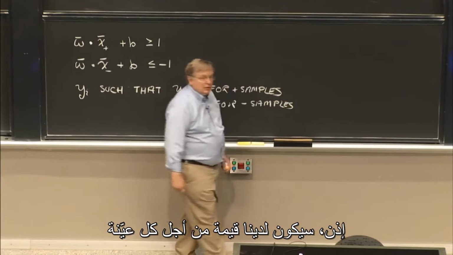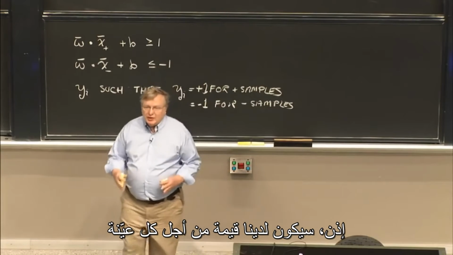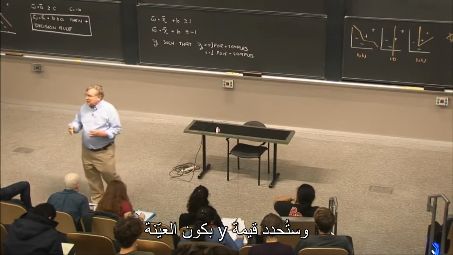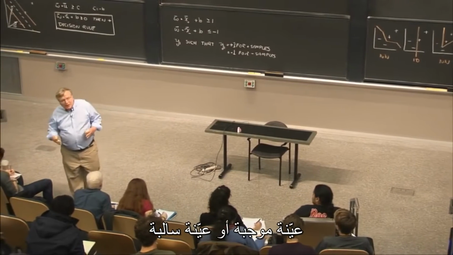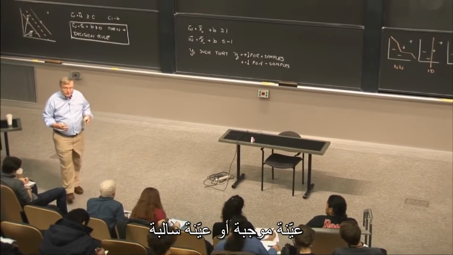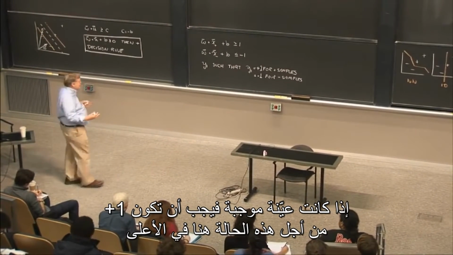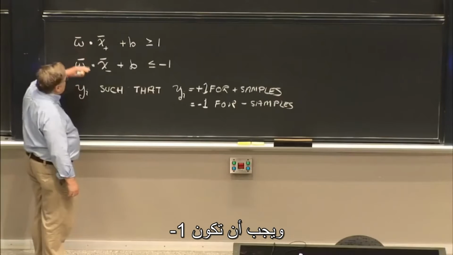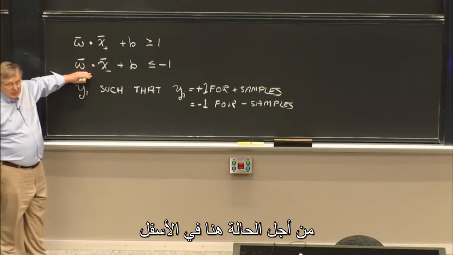All right? So for each sample, we're going to have a value for this new quantity we've introduced, y. And the value of y is going to be determined by whether it's a positive sample or a negative sample. If it's a positive sample, it's going to be +1 for this situation up here, and it's going to be -1 for this situation down here.